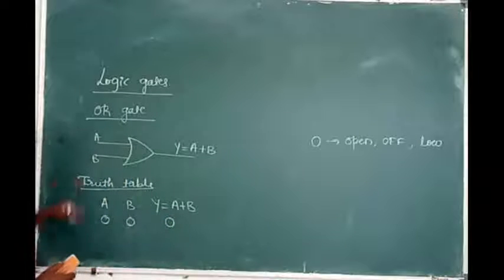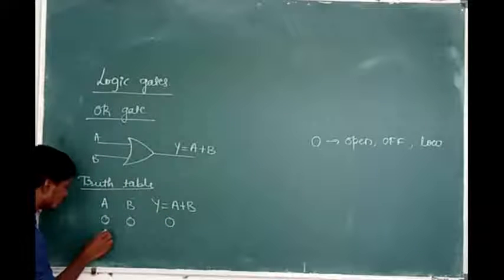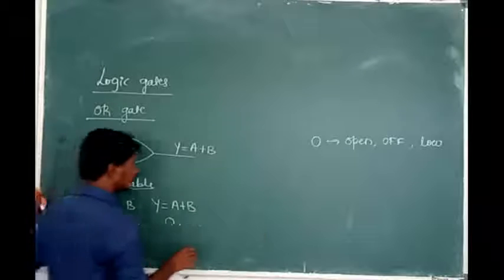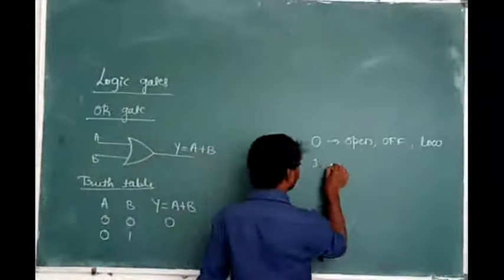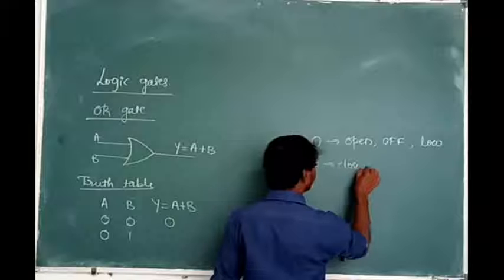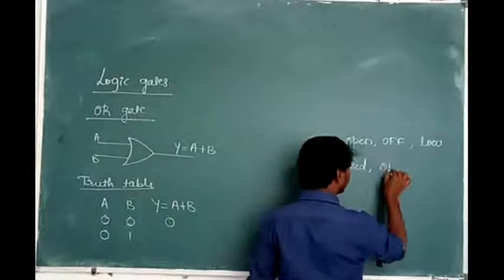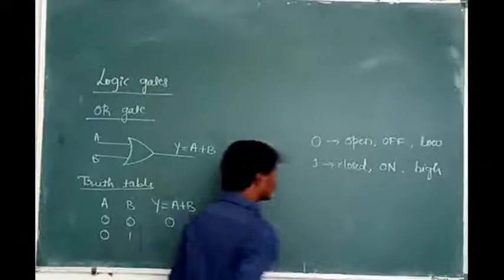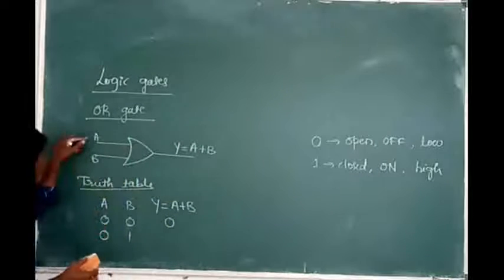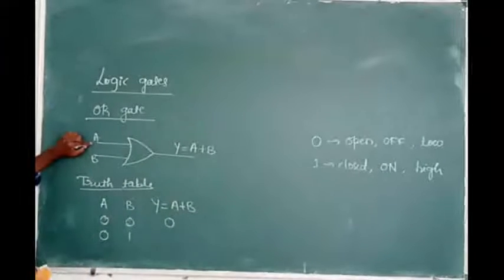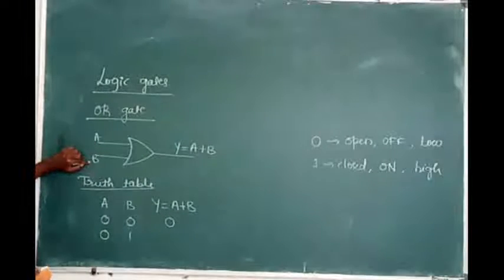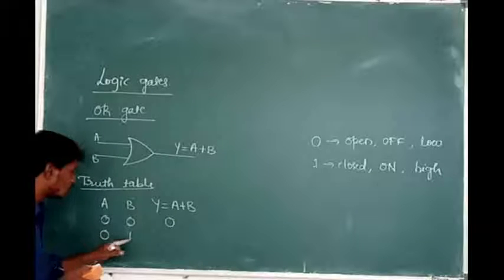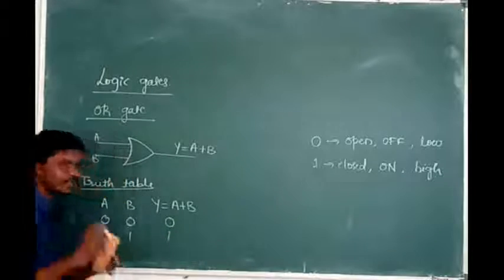Next, if A is 0, meaning low, and B is high, that is 1, where 1 stands for closed, on, or high, then 0 or 1 gives 1, that is again high.